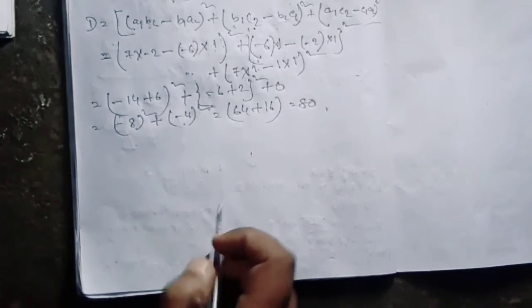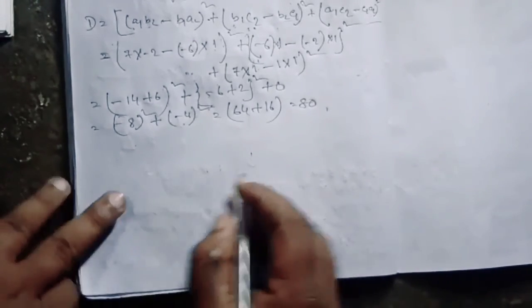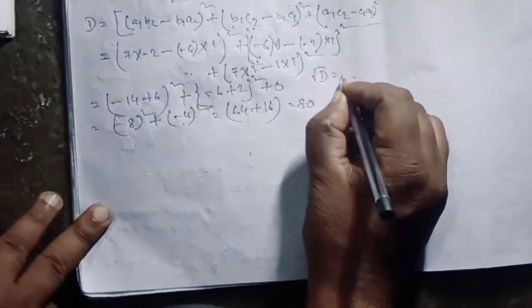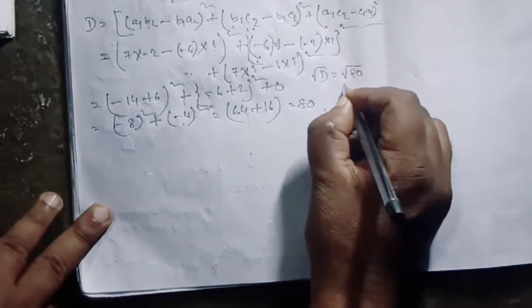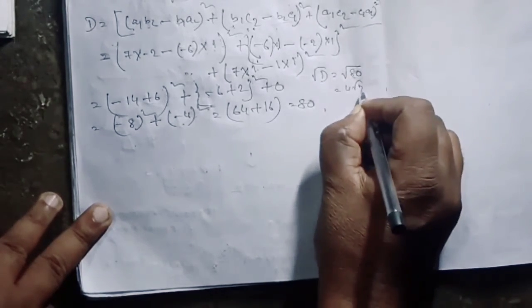That is the value of D. So root over D is root 80, meaning 4 root 5.